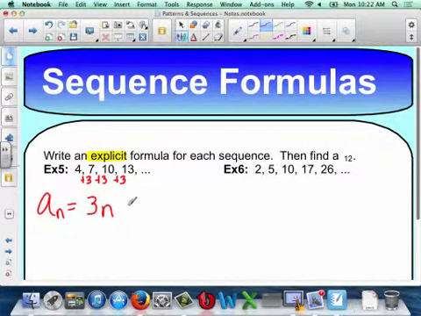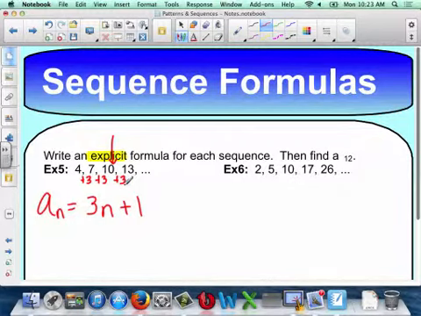Add 1. Okay, now check your formula, make sure that works. If we plug in 3, what should our outcome be? If I look at the third term, what should be my outcome? 10. So what's 3 times 3 plus 1? It's 10. So there's our formula.